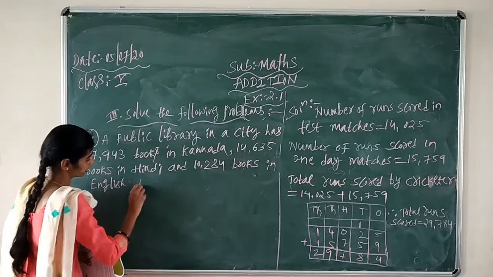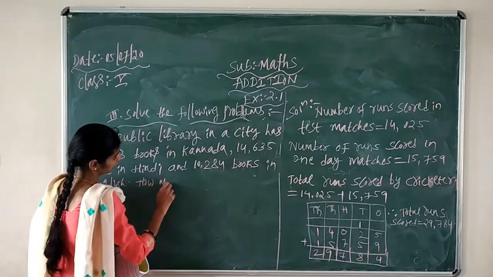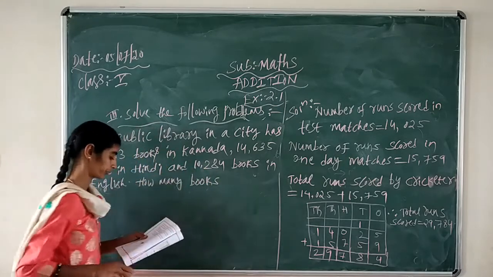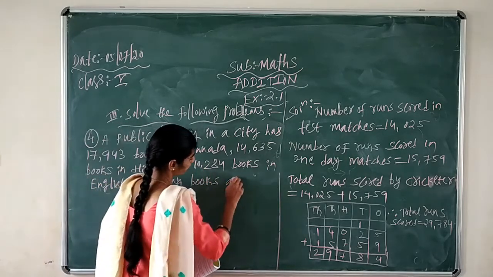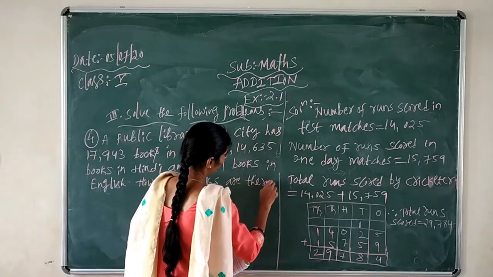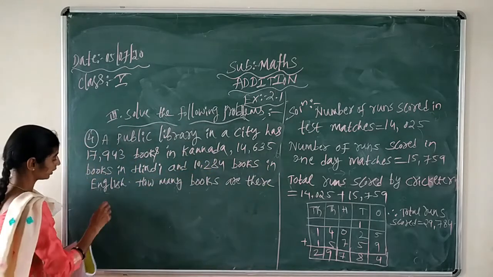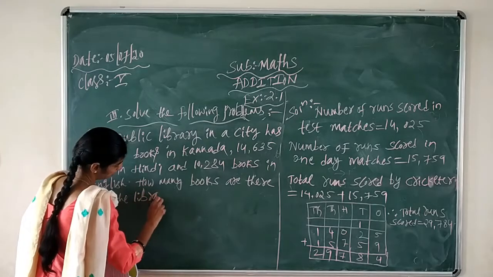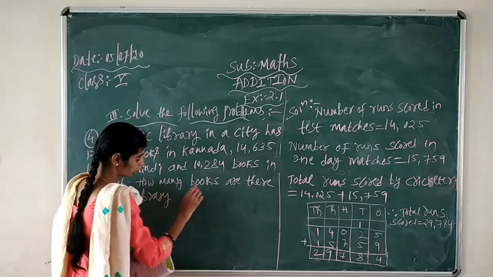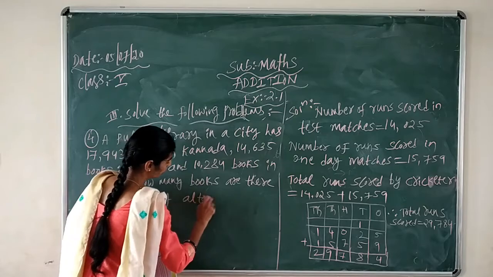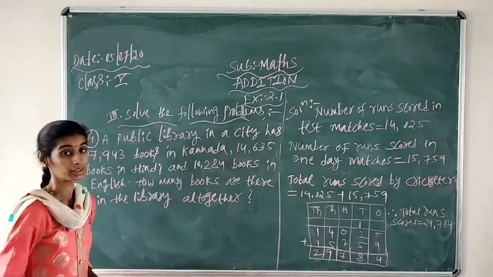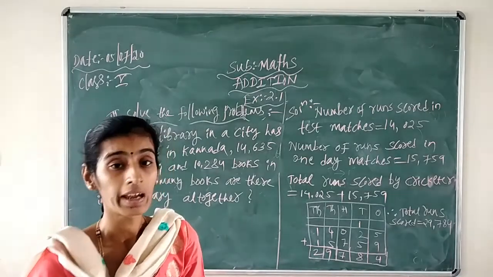How many books are there in the library altogether? You can see the word altogether. So altogether means what, children? Yes, it is nothing but addition.